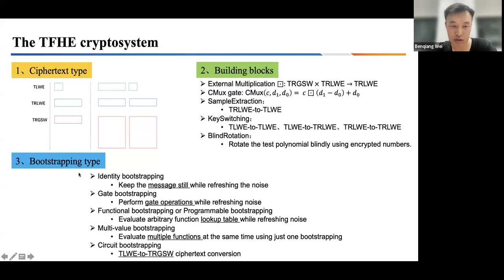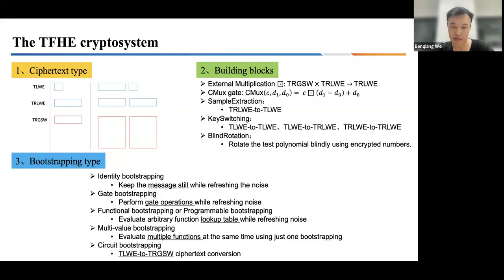Now I want to show some bootstrapping types in the TFHE schemes. The first one is identity bootstrapping. Identity bootstrapping means we can keep the message unchanged while refreshing the noise. And the second is gate bootstrapping. Gate bootstrapping means that we can perform some gate operations while refreshing noise, such as XOR and AND gates.